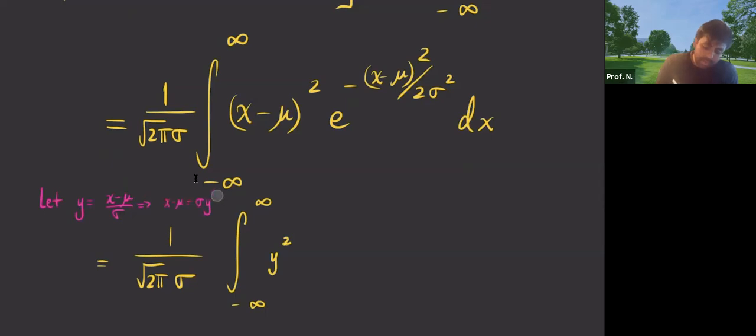When I replace x minus mu with sigma y, I get sigma y squared. So the y squared appears and also the sigma squared appears, but sigma is a constant, so I can put that outside of the integral. Then I'm left with e to the negative sigma squared y squared all over 2 sigma squared.